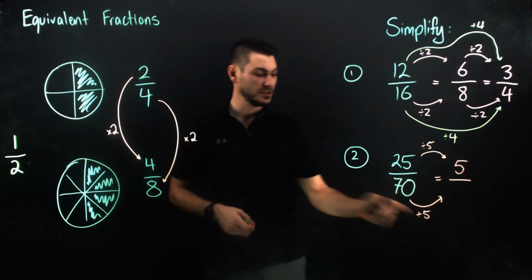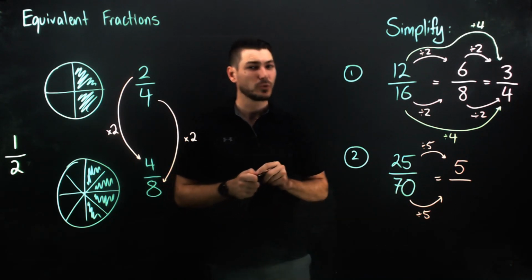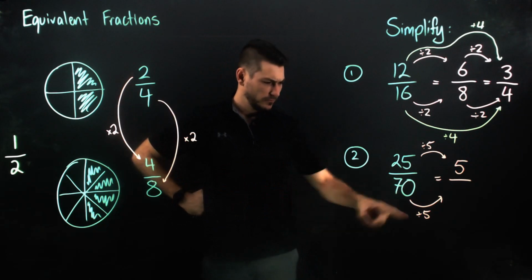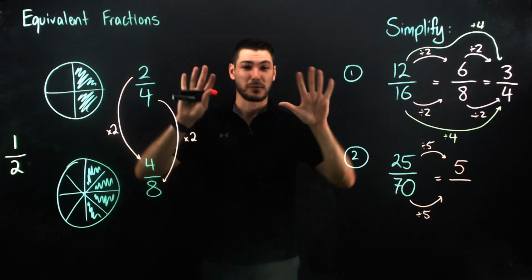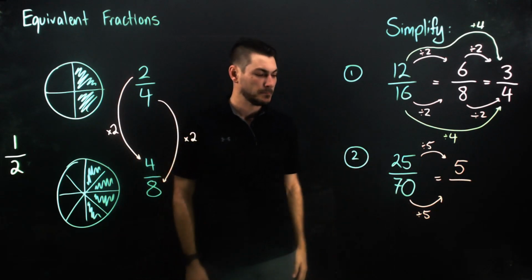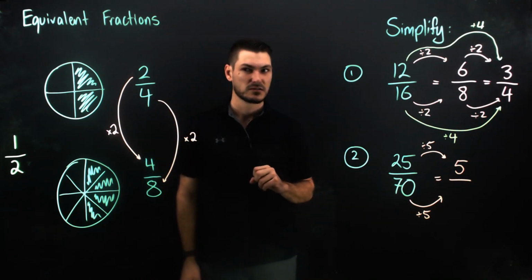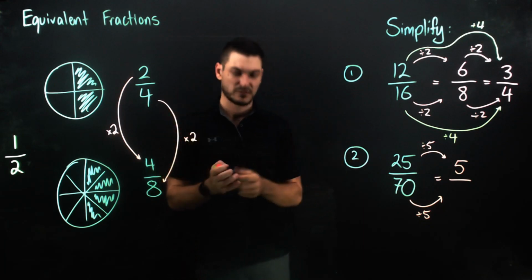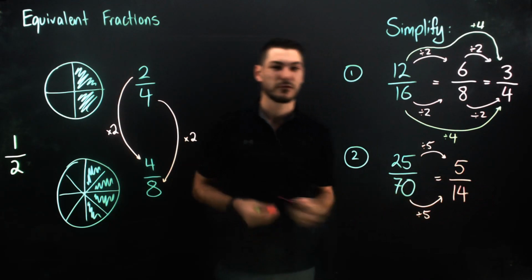And 70 divided by 5 is 14, but a good way to figure that out is to say, well, 5 goes into 50 10 times. 70 is 20 more than 50. 5 goes into 20 4 times, so it must be 10 plus 4, which is 14. However you do it, it's going to be 14.